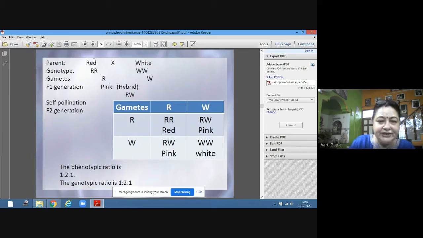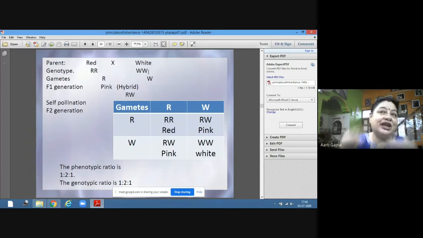So if we see the cross, capital R are the genotypes of the parent, homozygous, and for white they have taken W, just to show the hybrid. We have taken a small r and a small r. So capital R and small r are the gametes. So what would be the F1 generation? Capital R, small r. So just to show the hybrid, they have shown capital R, capital W, because here white is also expressing itself.